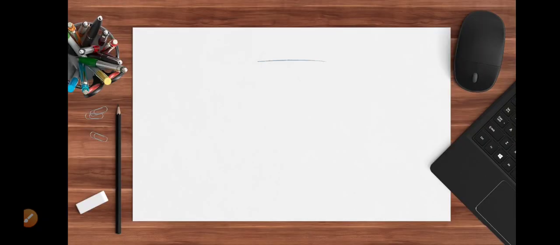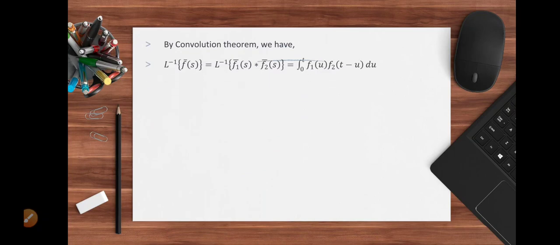So here you are going to mention that by convolution theorem we have. You have to first write the generalized statement of this convolution theorem for inverse LT. So L inverse of f bar of s is equal to L inverse of the product f1 bar of s into f2 bar of s, which is equal to integration from 0 to t f1 of u into f2 of t minus u du.